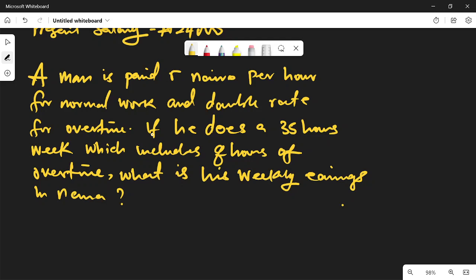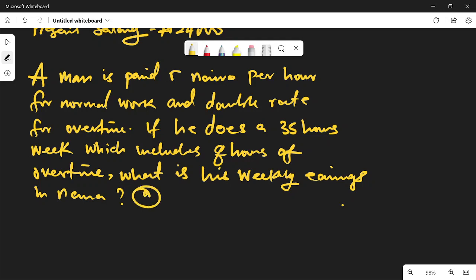If the man does overtime, they are going to pay him double. So at the end of a particular week, the man has done 35 hours of work, including his overtime. So what will be the weekly earnings of this man in naira?